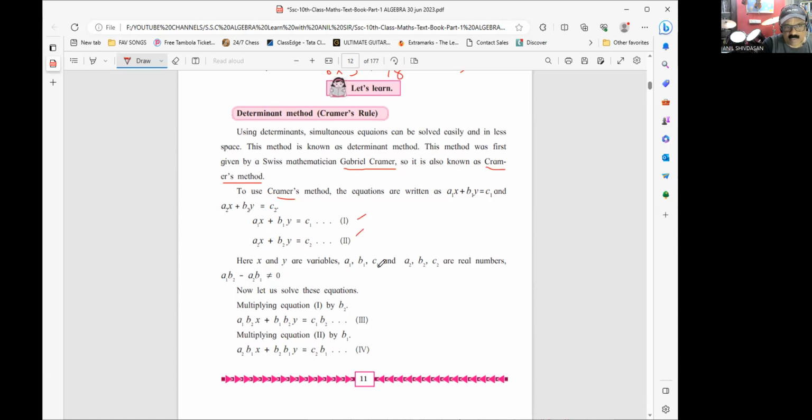Now x and y are variables, and a1, b1, c1, a2, b2, c2 are numbers, or you can say they are real numbers. And a1b2 minus a2b1 is not equal to 0.